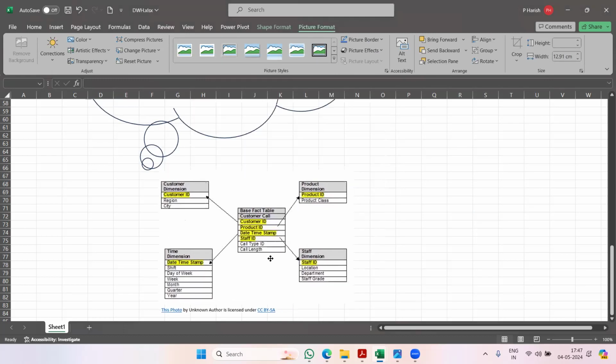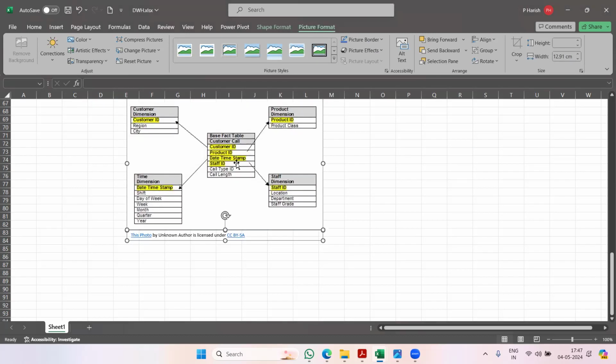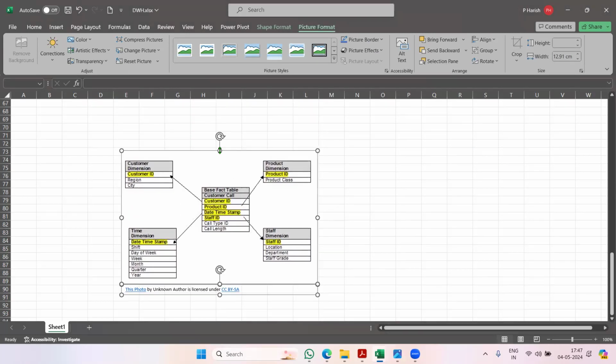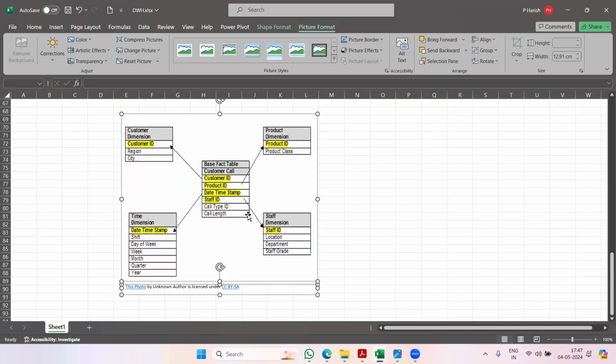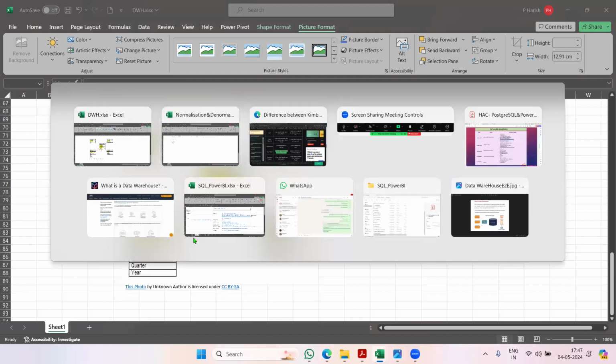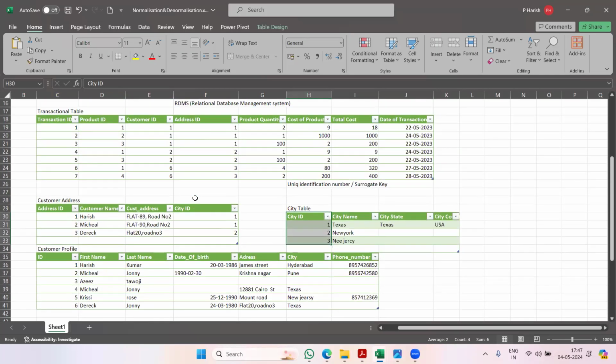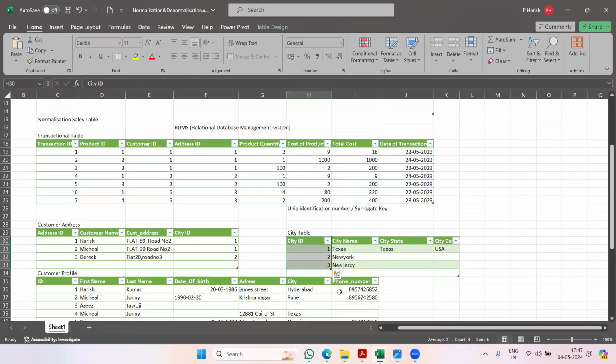Yeah. Now, if you see this particular table, and if you are interpreting it with our normalization concept where we distributed data within multiple tables, right? This table is going to have transactional information. That is about the facts.